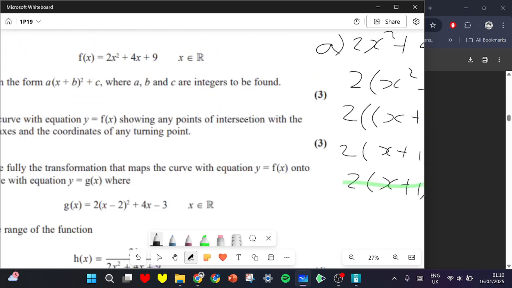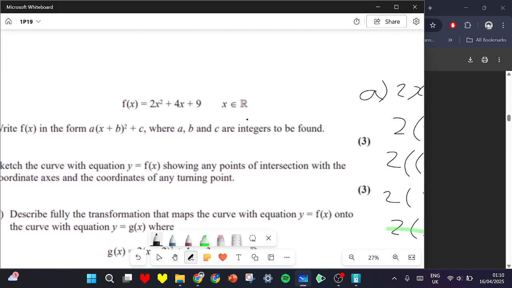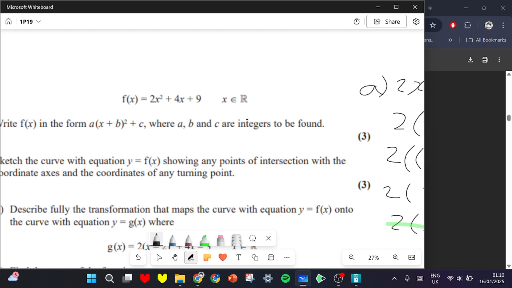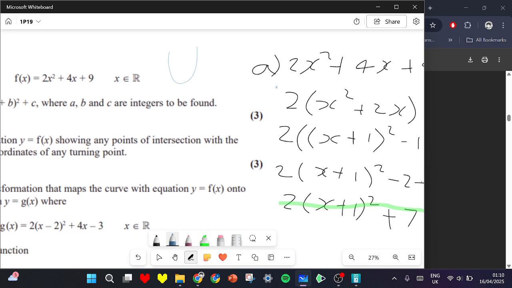And then we can also see that the graph's gonna be like this because the number next to the x squared part is positive, and when it's positive it's like a smiley face. If this was -2 instead, then it would be like that, but it's not, so it's this one.